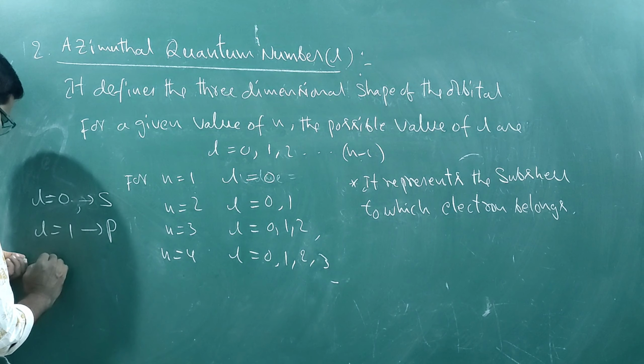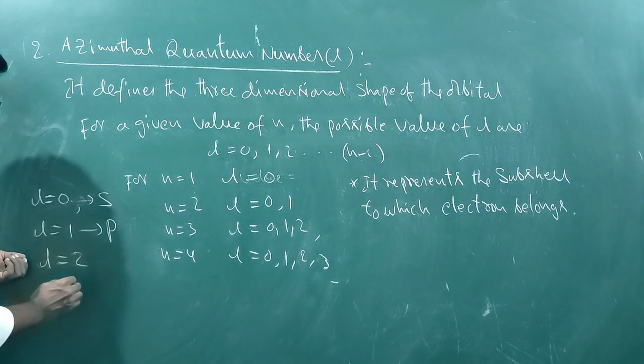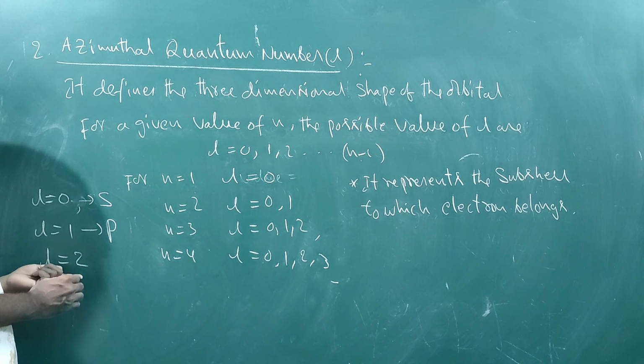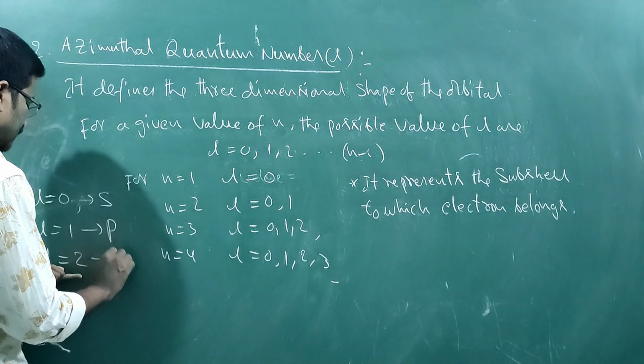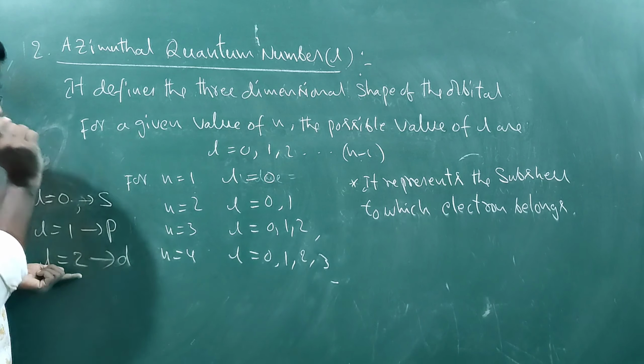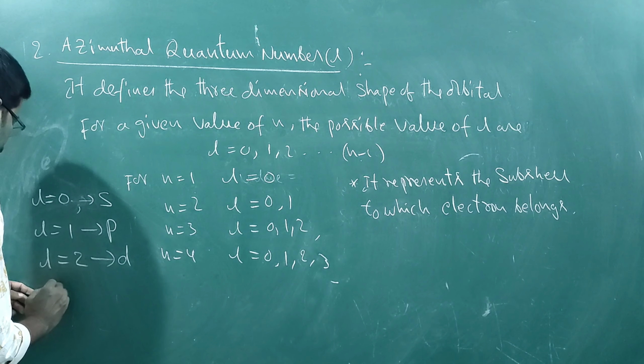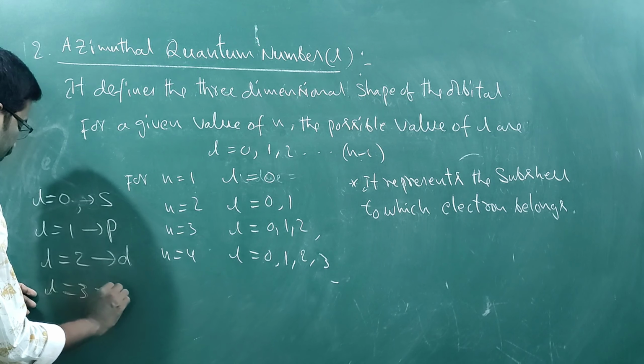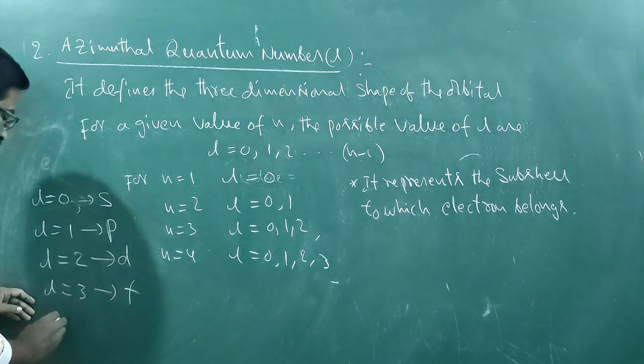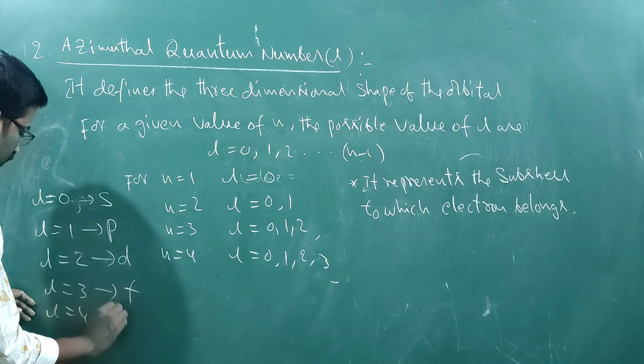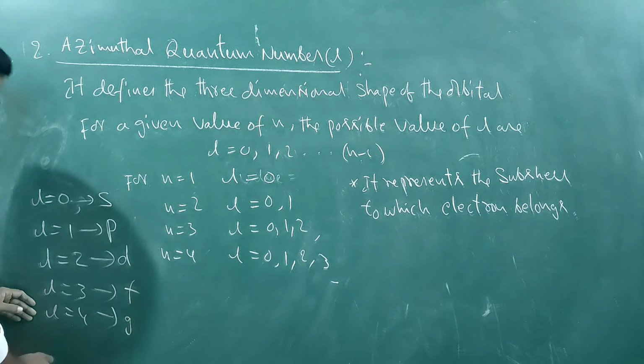If L is equal to 2, the electron is present in the d subshell. Next, L is equal to 3, the electron is present in the f subshell. L is equal to 4, the electron is present in the g subshell.